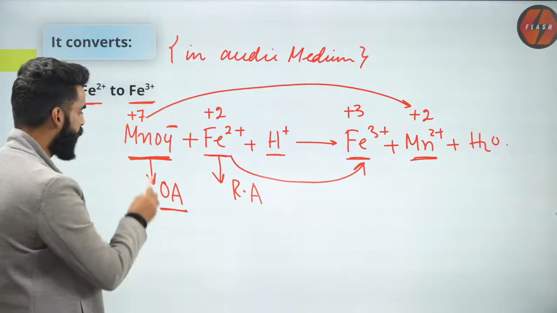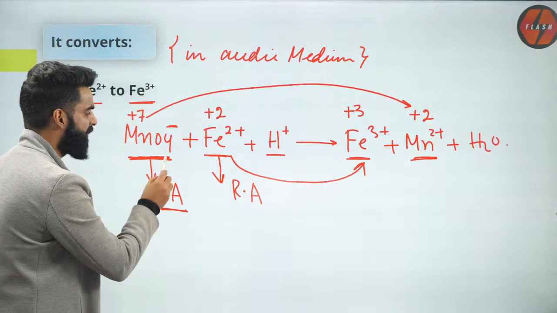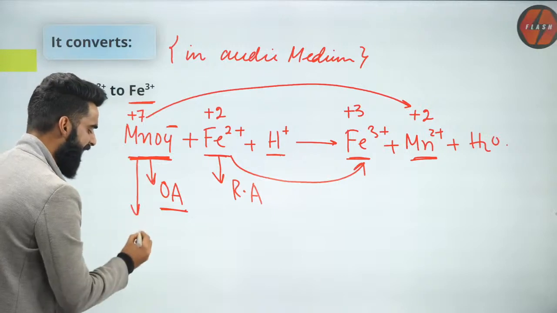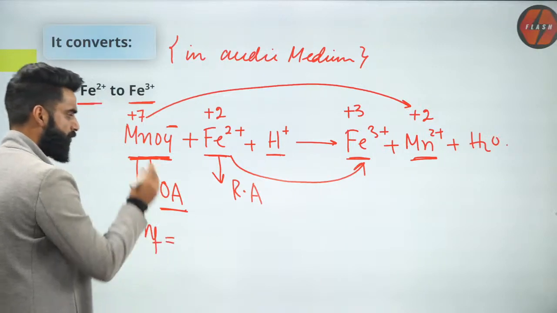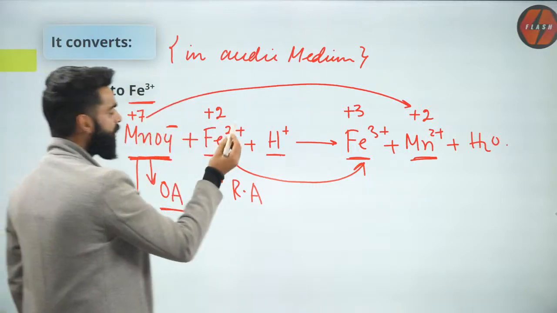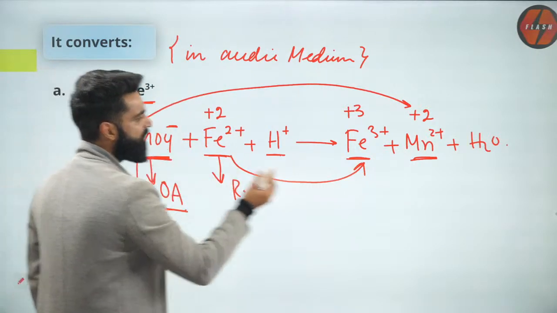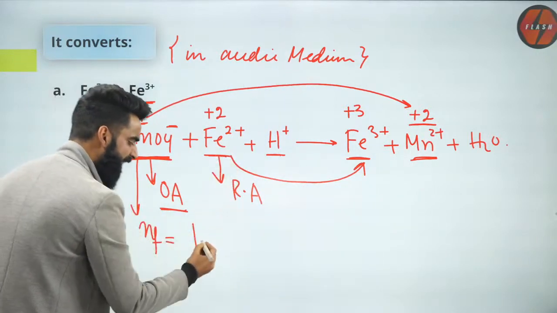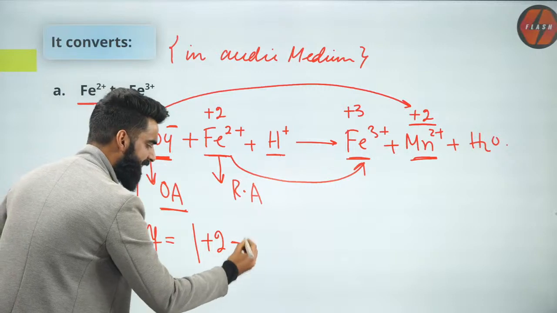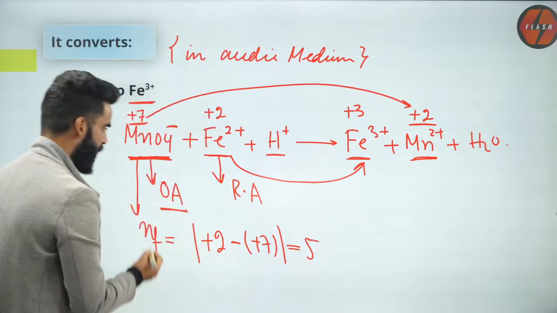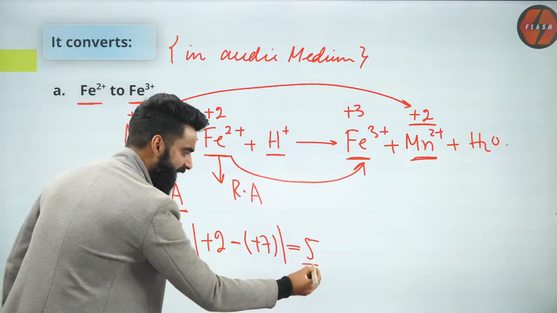If I ask you, what is the N factor of MnO4⁻ in this reaction? Simply, the N factor is equal to the change in oxidation state. Initial oxidation state of Mn is +7, final is +2, so the magnitude of the change is 5. The N factor of MnO4⁻ in this reaction is 5.